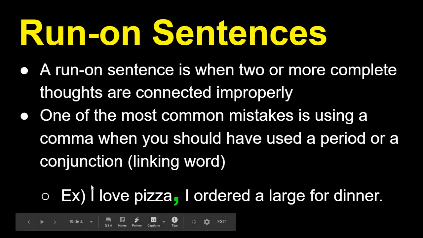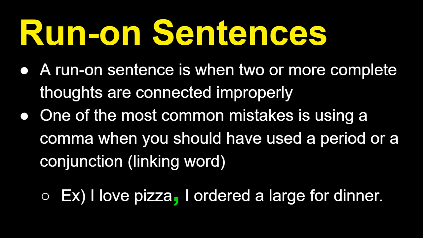And this down here is an example of that, what we call a comma splice. Because see right here, this comma right here, it should be a period. I love pizza, period. I ordered a large for dinner, period. Or, if you're feeling creative, you could add in a FANBOYS conjunction. I love pizza, comma, so I ordered a large for dinner. That's how you would combine two.